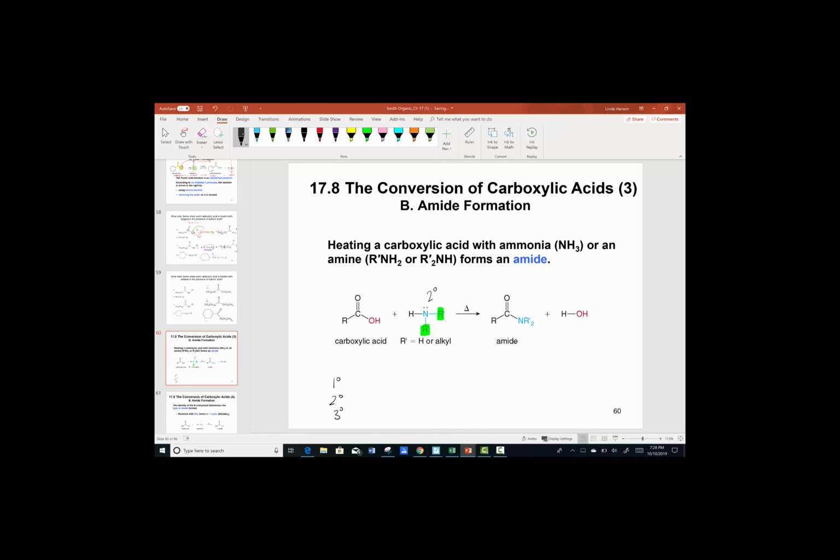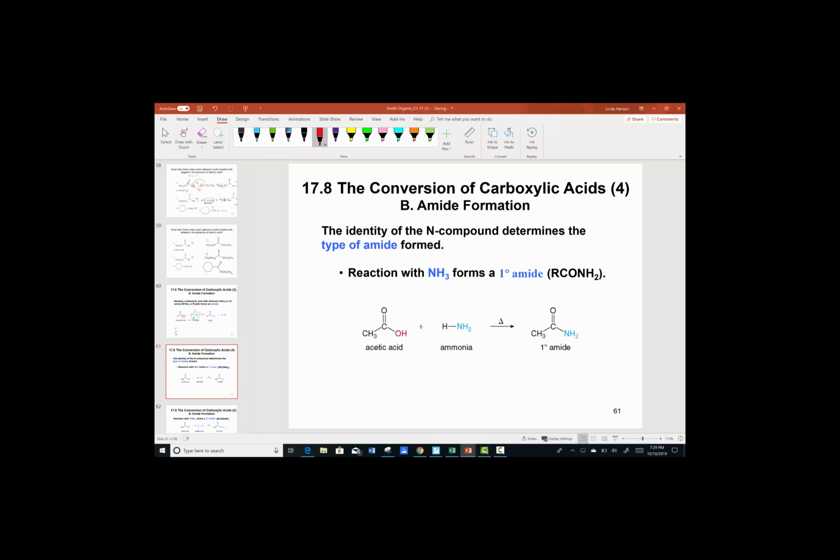But the pattern will be the same, except this time we're going to take the OH group off and substitute the product to create the amide. So our general formula says taking a nitrogen derivative and exchanging its place with the OH to form the amide and water.